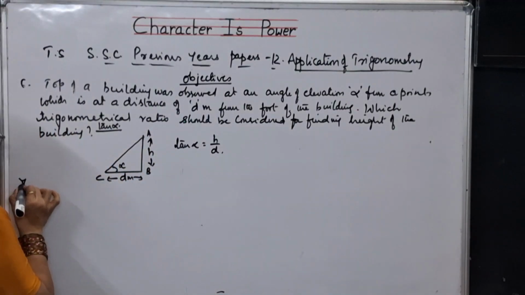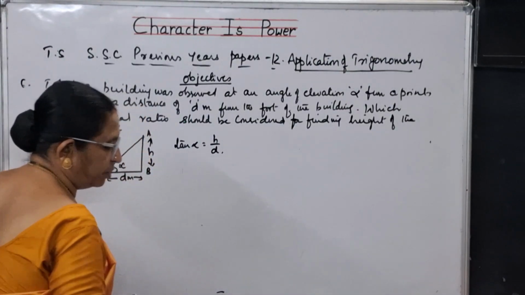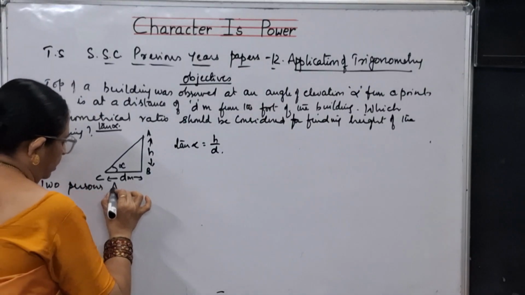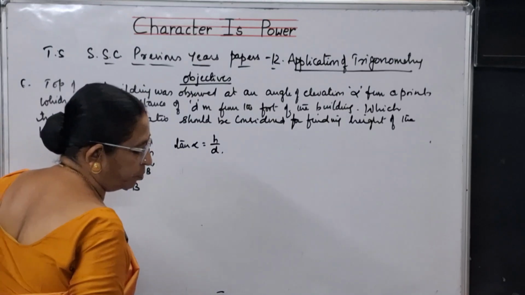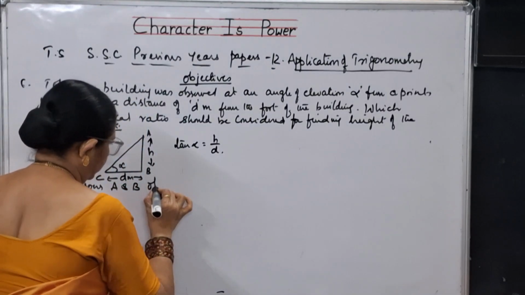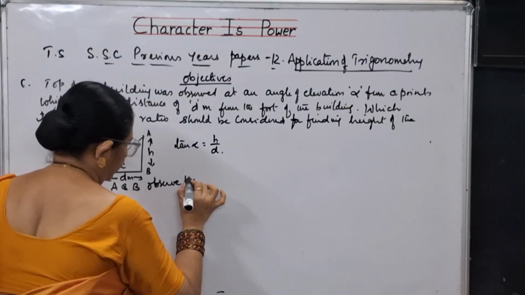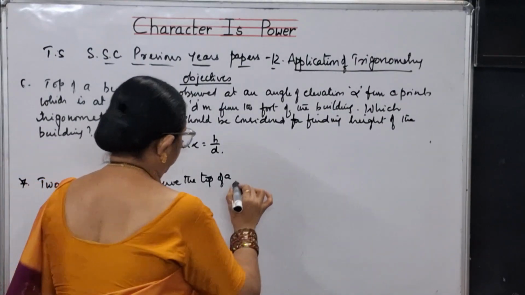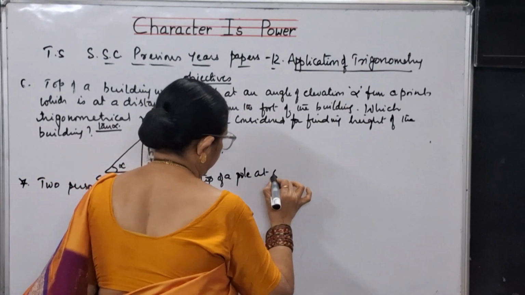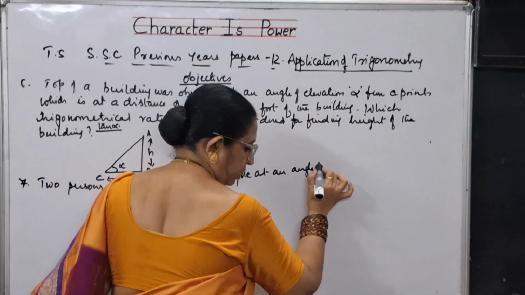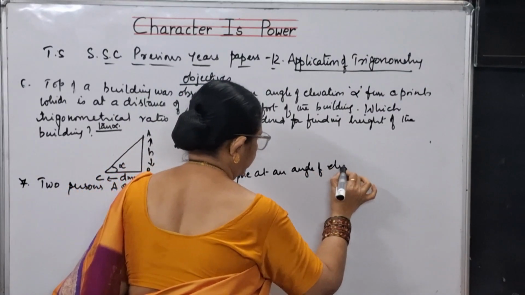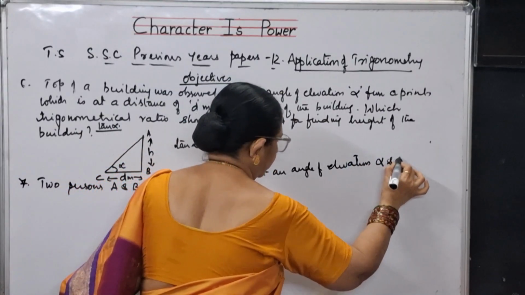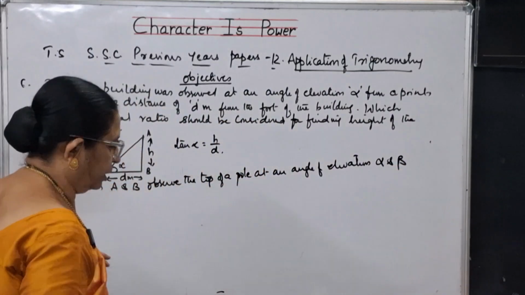Now we'll go to the seventh one. Two persons A and B observe the top of a pole at angles of elevation alpha and beta respectively.